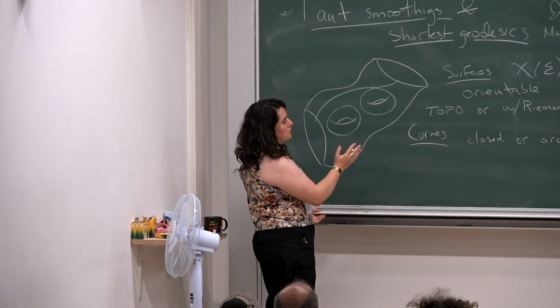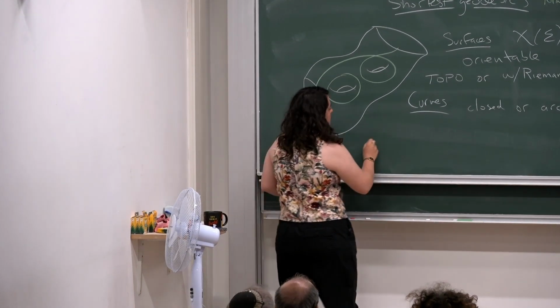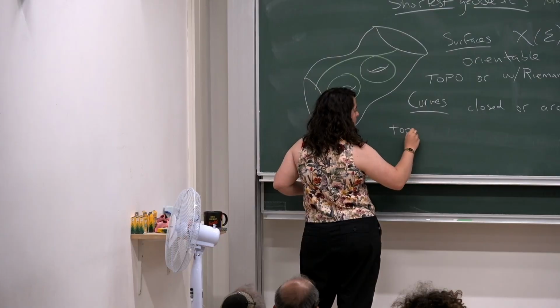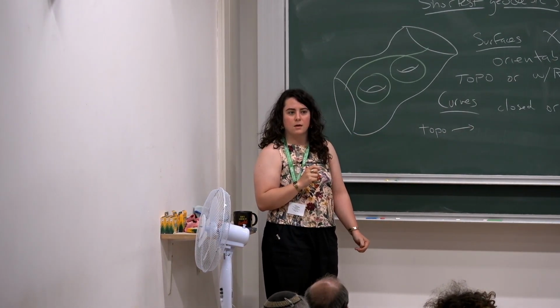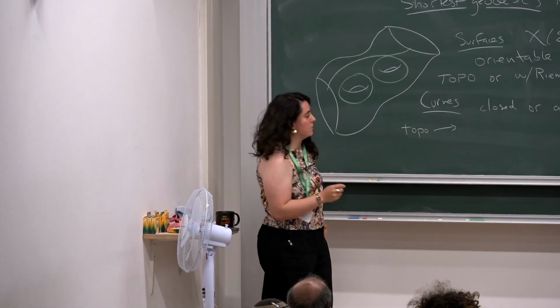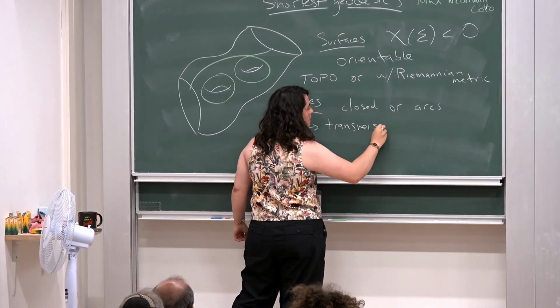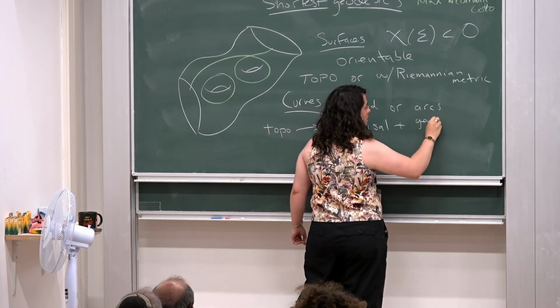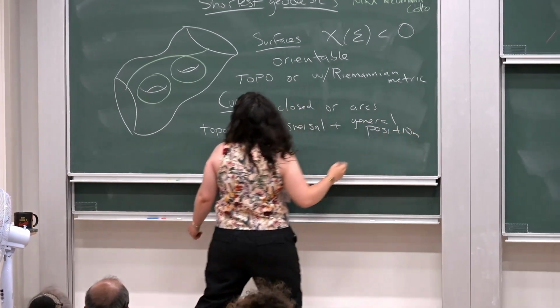Okay? And again, curves are going to be one of two kinds of objects. Either they're going to be purely topological, in which case I'm going to ask that they intersect transversally and are in general position. What does this mean?